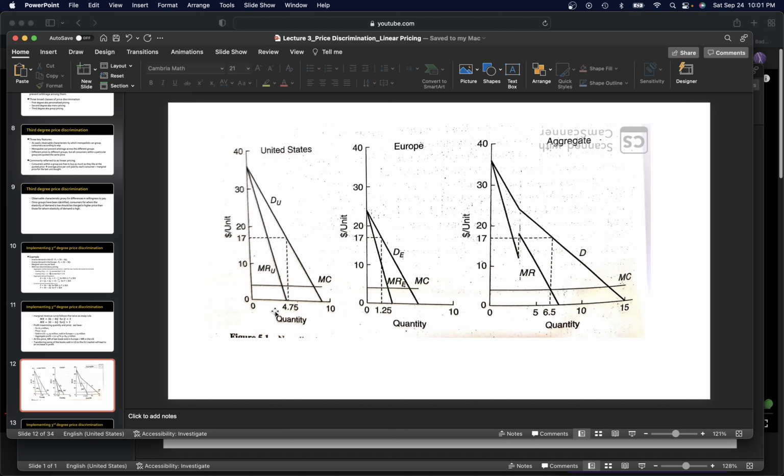Because it's a uniform price, the price coming from the aggregate demand function is the price faced in Europe and the United States. So in this case, we are not yet seeing price discrimination. This is the uniform price case, when the monopolist tries to maximize over the aggregate demand curve instead of being able to maximize per group.